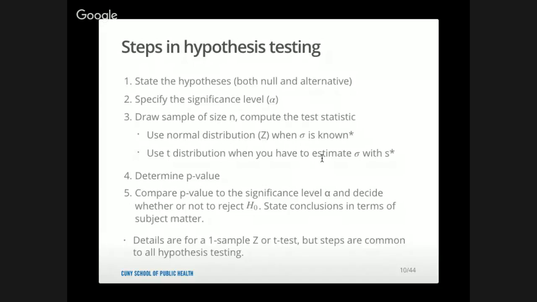You specify your significance level, alpha 0.05 being the most popular value, but it can be anything. At this point, you perform your experiment, draw your sample size of n, and compute your test statistic, which in the case of testing sample means will be your z or your t statistic.